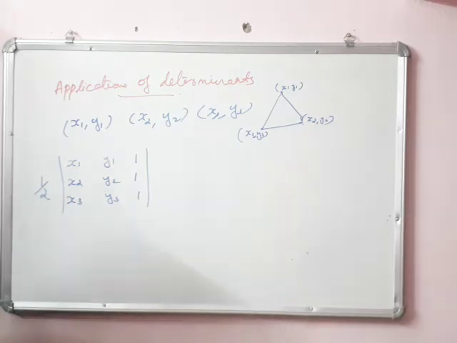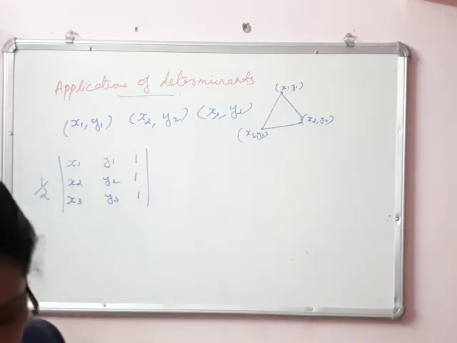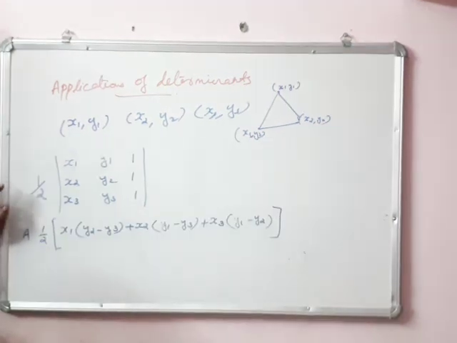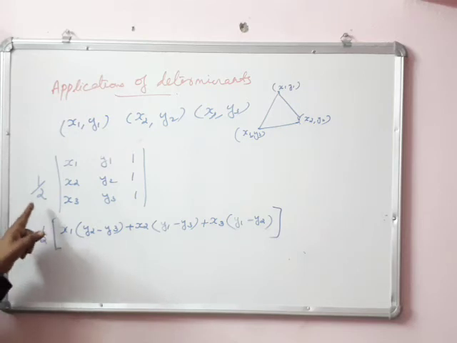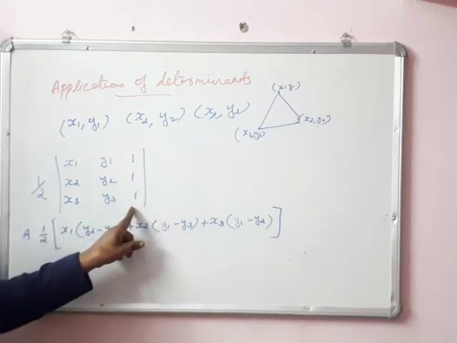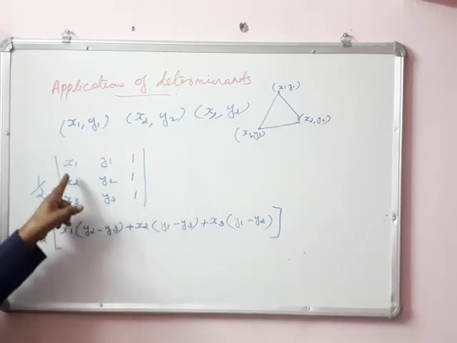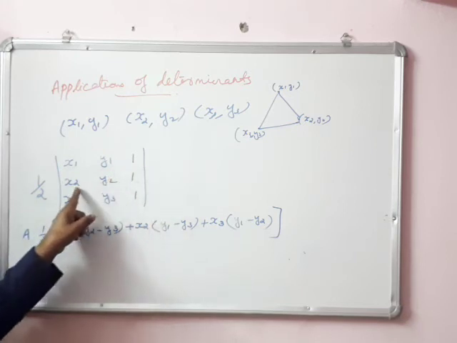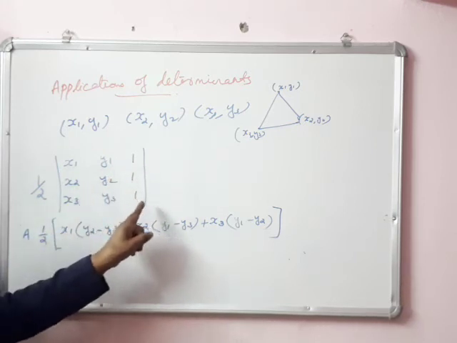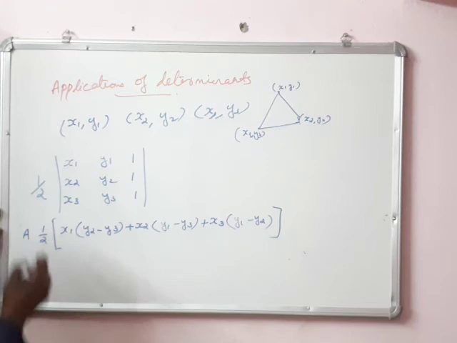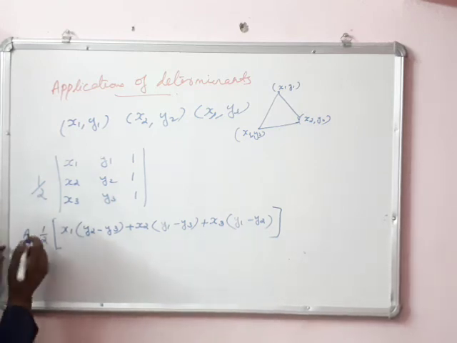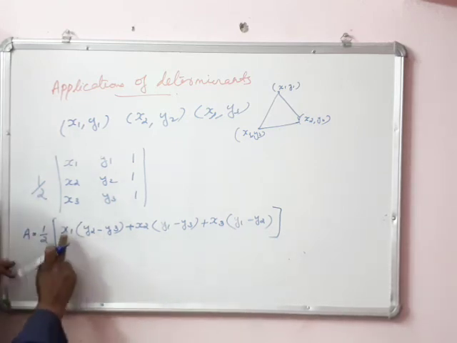Now I will discuss an example: the area of a triangular field. Then x1 y1 1, x2 y2 1, x3 y3 1. The formula is area equals half into x1.